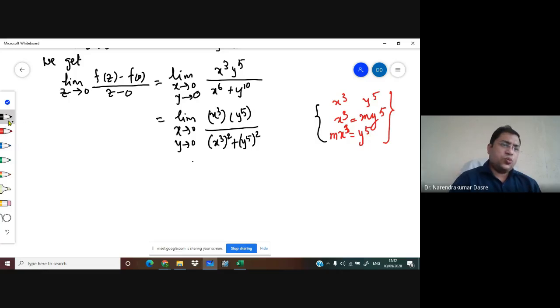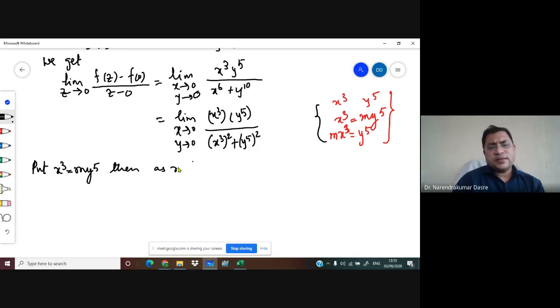So put x cube is equal to m y raised to 5. That doesn't matter. Then x tends to 0 implies that y will go to 0. This symbol means implies: when x goes to 0, then by this equation y will go to 0.